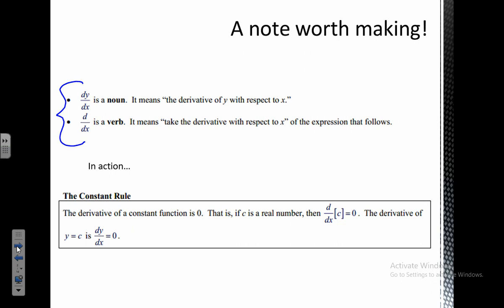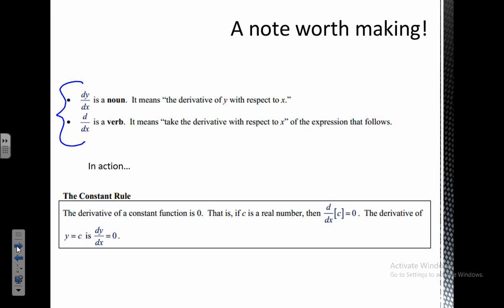Horizontal line. What's the slope at any point? 0. What's the derivative of any horizontal line? 0, okay? So if we have a constant horizontal line, the derivative anywhere is going to be 0.